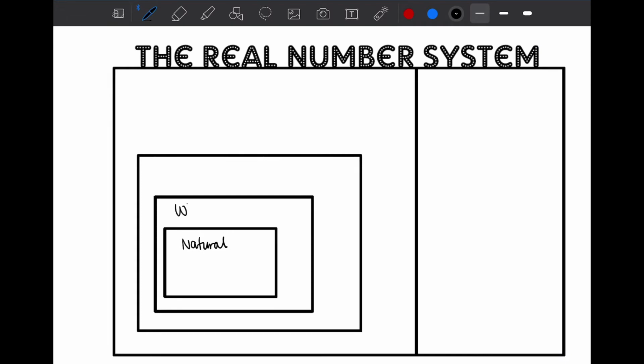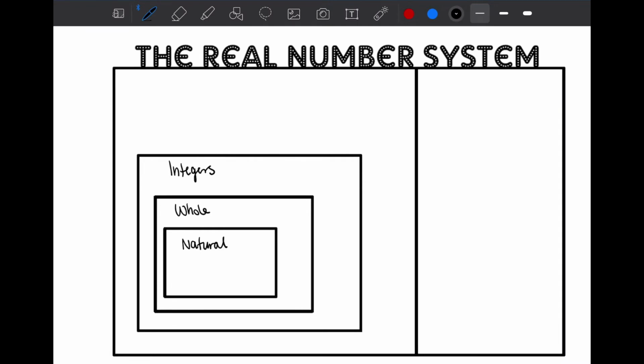So whole number is the box right that's wrapping the natural number. And the one that includes the entire whole number system is called integer, because integers include positive and negative whole numbers.